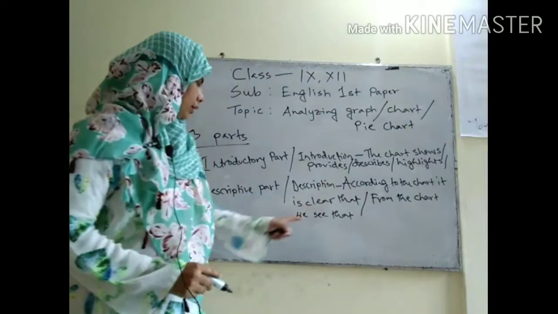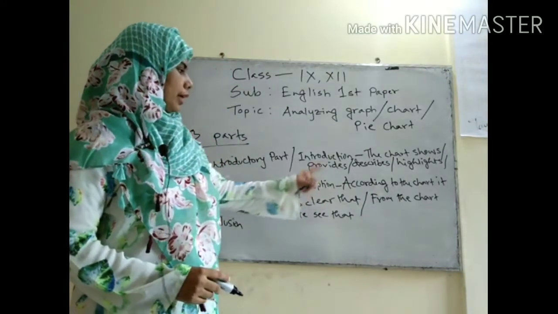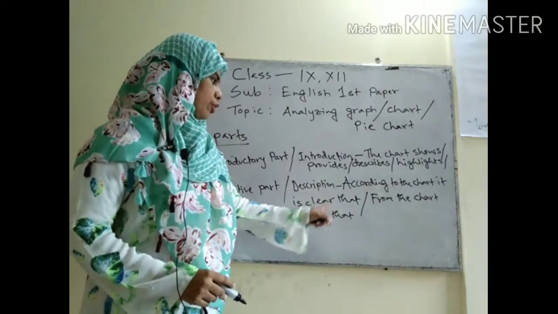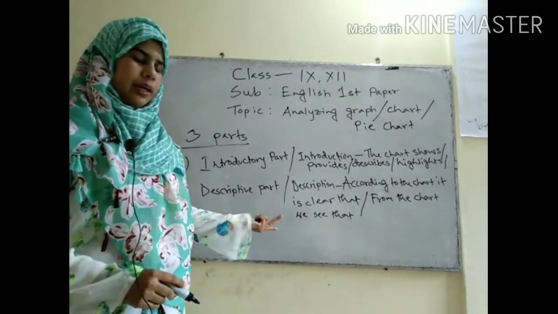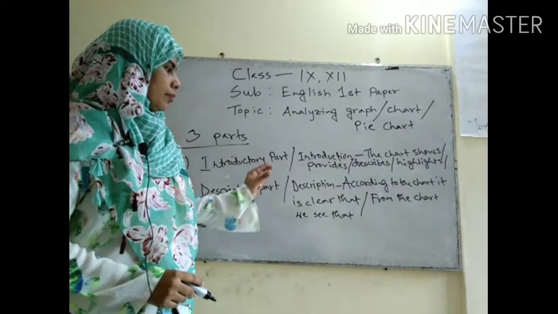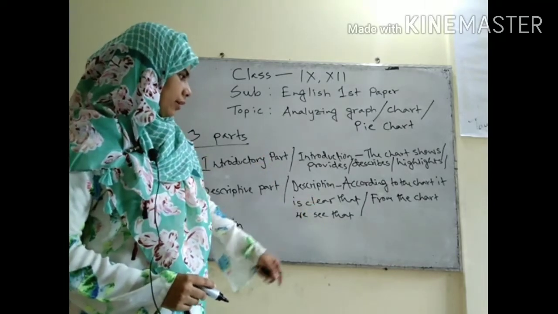So you can begin the descriptive part, according to the chart it is clear that, or from the chart we see that, or from the chart it is clear that.